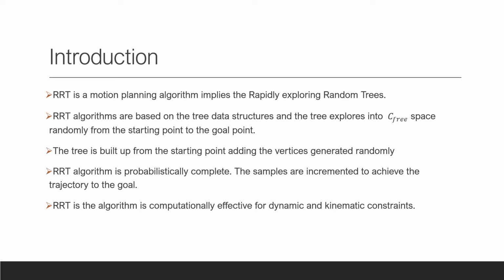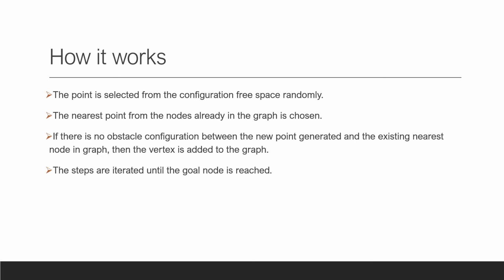The RRT algorithm is computationally effective for dynamic as well as kinematic constraints. Means if we have specific angle constraints and constraints related to rigid bodies, at that time the RRT algorithm comes in handy.